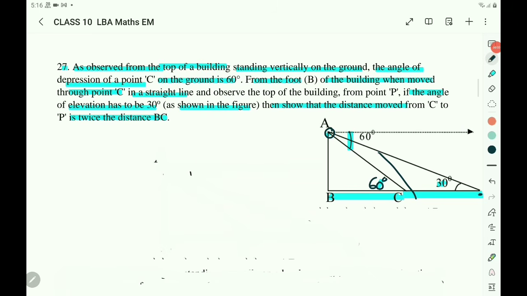First take the triangle ABC and apply the trigonometric ratio. For this 60 degree angle, AB is the opposite side, BC is the adjacent side. Then the trigonometric ratio with the opposite side by adjacent side is AB by BC, that is tan theta.